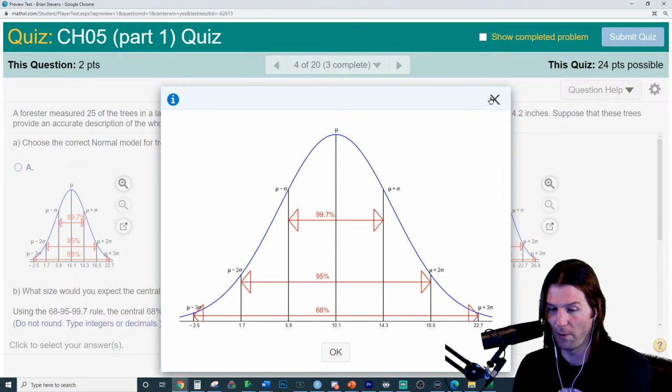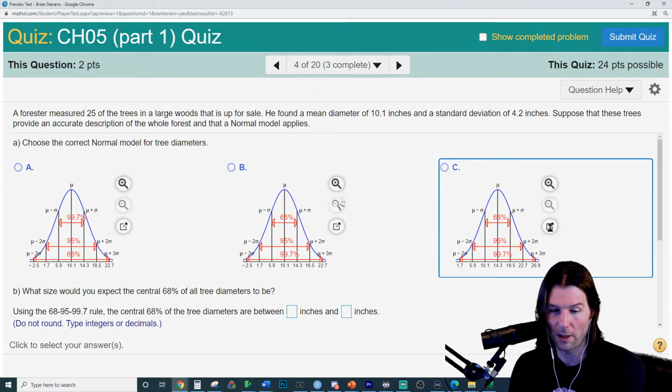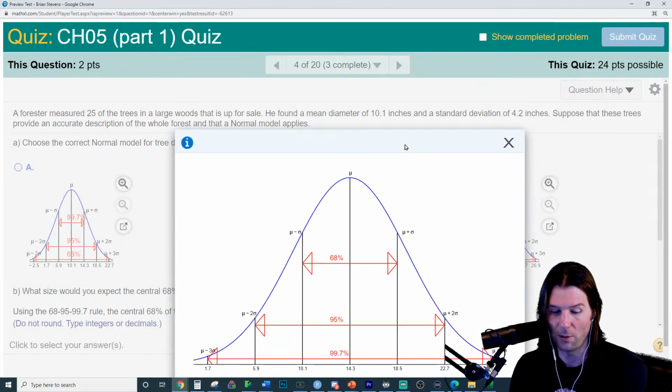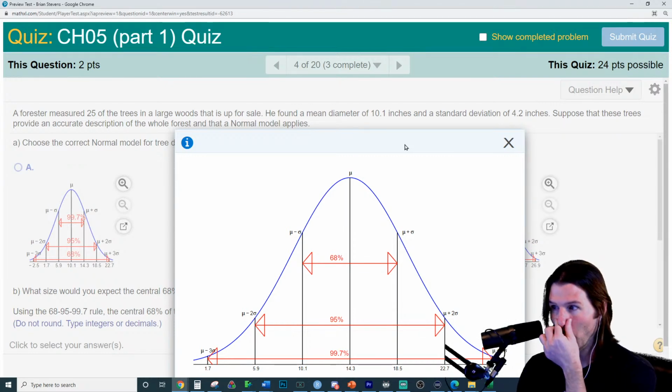It goes in the wrong order. So we're left with 68, 95, 99.7. What do you notice is wrong about this distribution right here? Someone tell me. You have to say what is wrong about it.